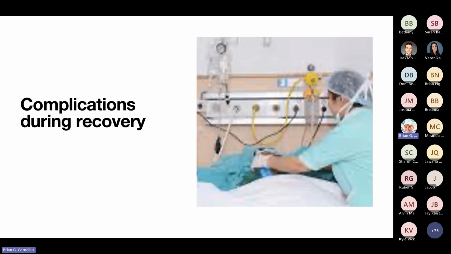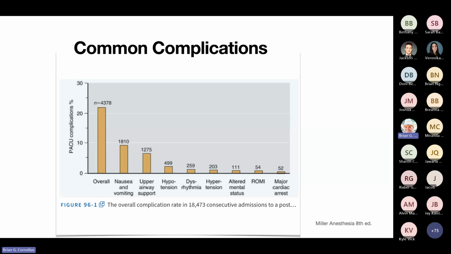Now we're going to talk a little bit about some of the complications we run into. Some of these we've talked about in other lectures. Some of them are a little bit new, but this is kind of an overall complication rate that we see. The good news is out of almost 20,000 patients, only about a quarter of them had complications. And when we talk about complications, it may not be something huge.